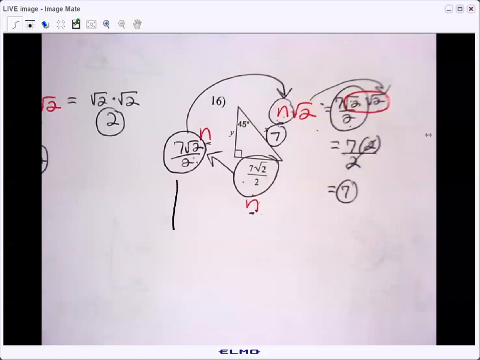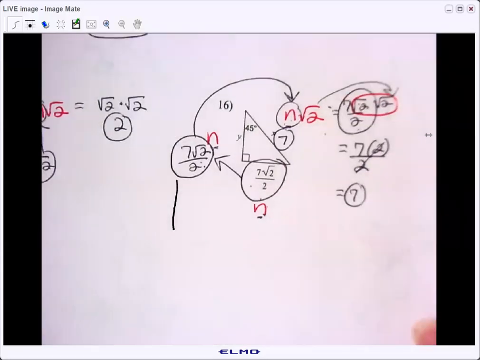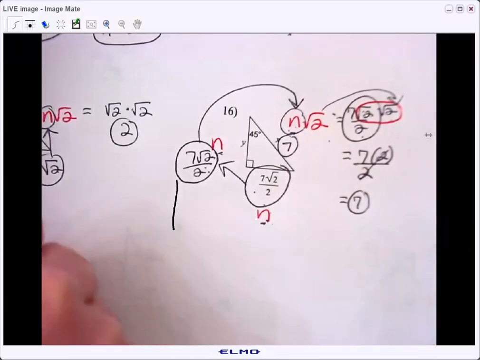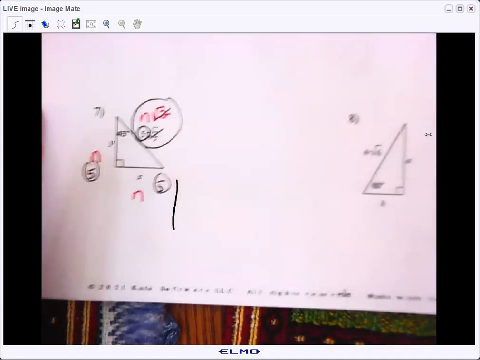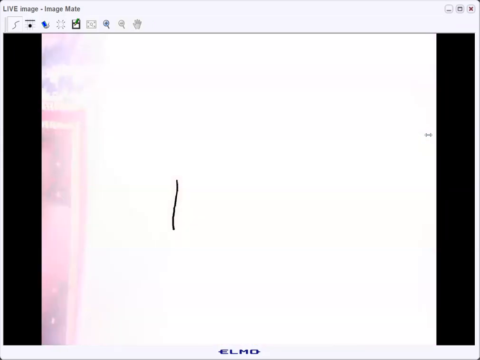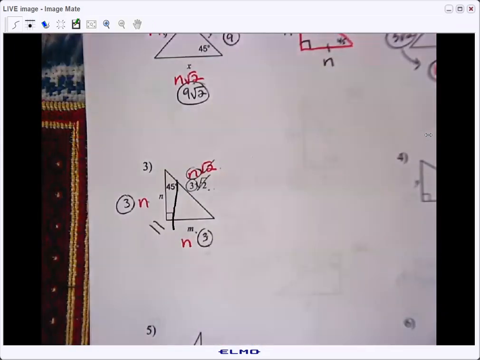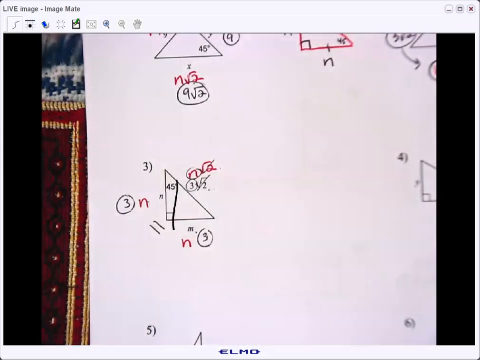Okay, so now let's go back and do the 30, 60, 90 triangles. I'm going to pause for just a second and get rid of that line because it's actually kind of driving me nuts. So let's go back to do our 30, 60, 90 triangles.